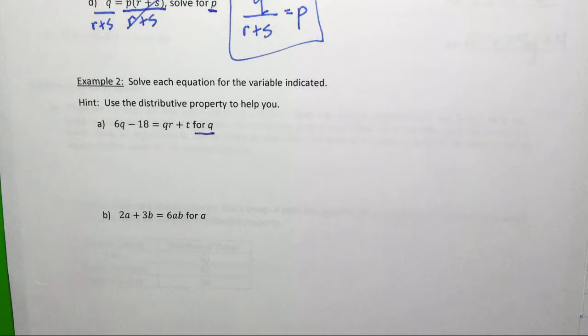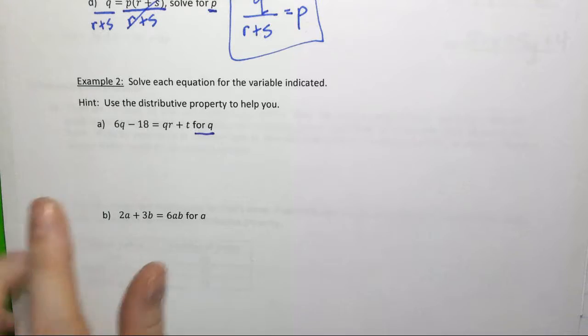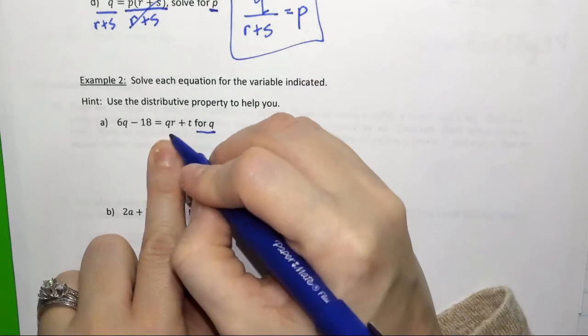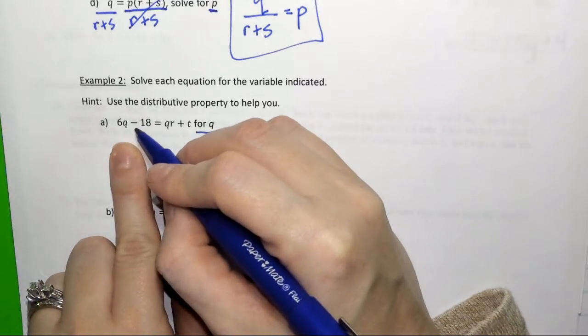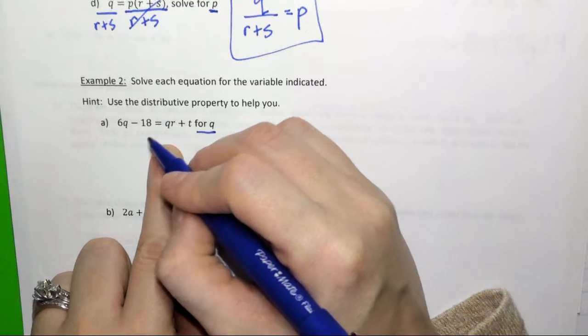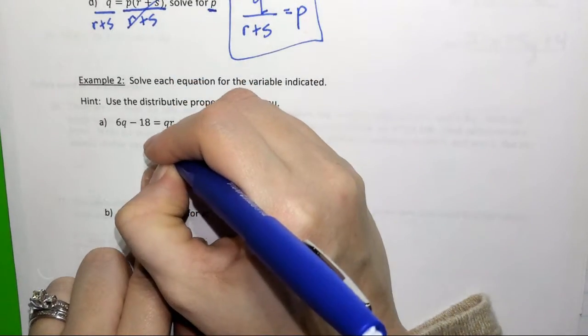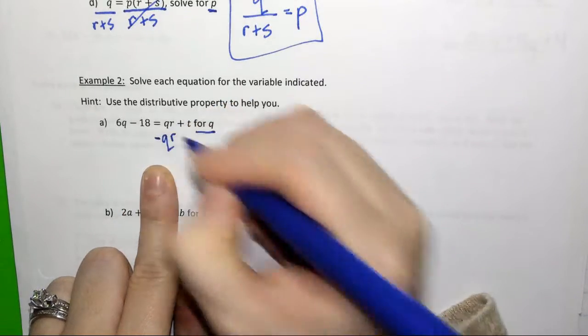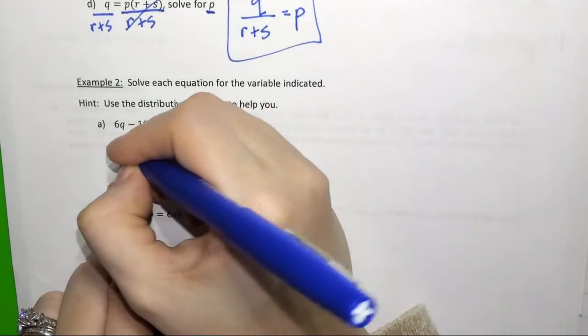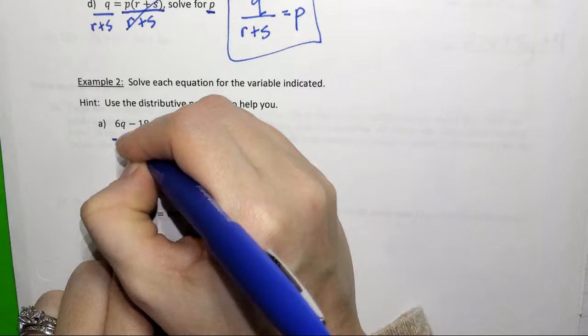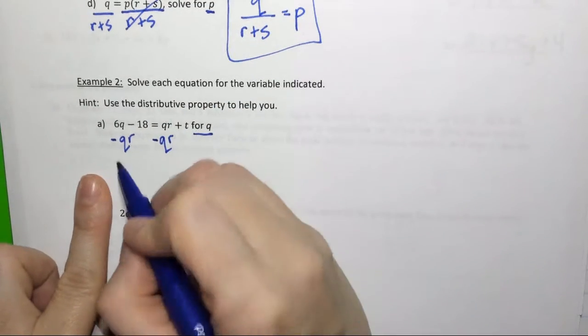We're going to be adding and subtracting terms when we're doing this. The first thing I'm going to do is take this QR and move it to the left side. So if I'm going to move it to the left side, how do I need to do that? Subtract. I got to move the whole term. So I'm going to subtract QR. So when I'm doing this, look how I'm going to write it.